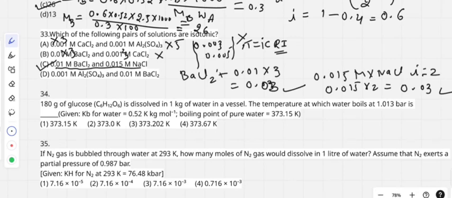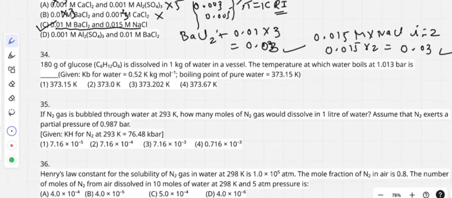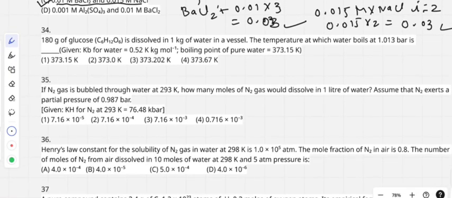Then I move to question number 34. So read the question first. 180 gram of glucose is dissolved in 1 kg of water in a vessel. The temperature at which water boils at 1.013 bar is dash. The Kb value is given. So everything is given. So here first you have to calculate delta Tb.